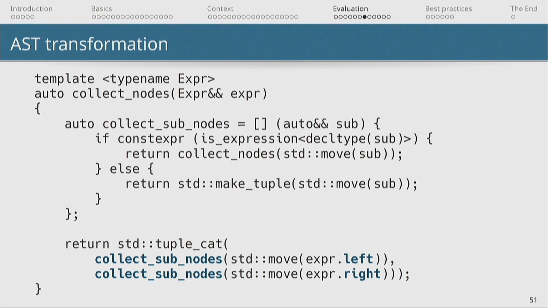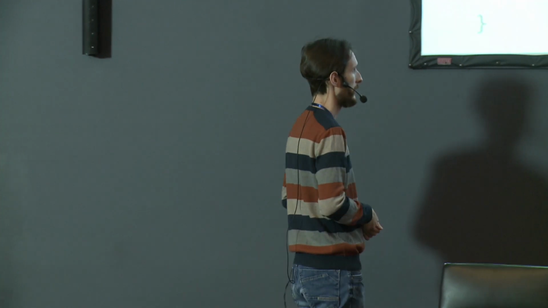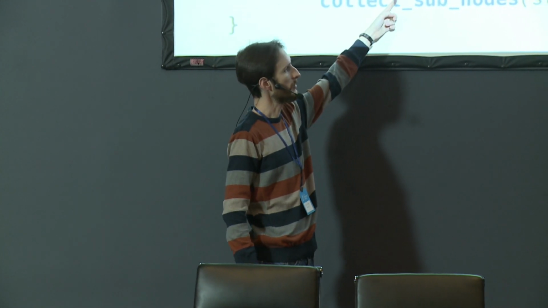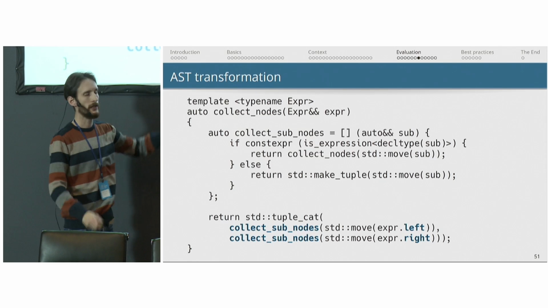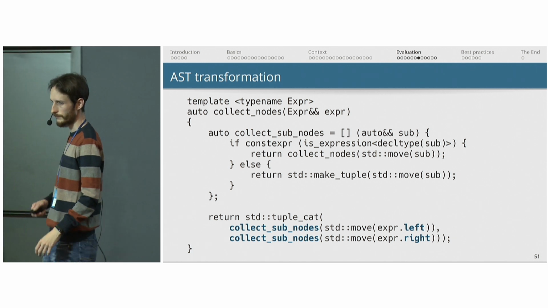So we can create a lambda called collect subnodes, which checks if our current subtree is a proper expression, then we are going to call ourselves recursively. Otherwise, we are just going to return a tuple that contains the current node. And then the collect nodes, the only thing that it needs to do is to collect the nodes from the left subtree, from the right subtree, and to concatenate the two resulting tuples.